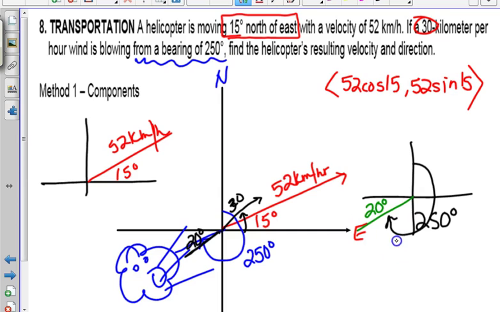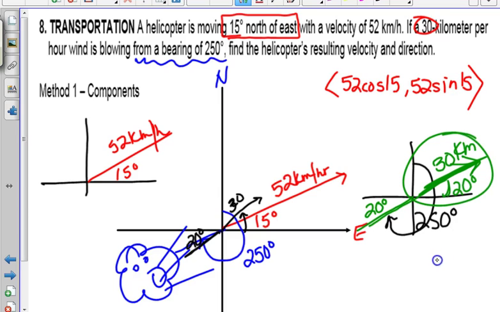Are you with me? Which means if the wind is blowing from that direction, this is the actual wind vector over here. And it's 30 kilometers long. And the angle in here is what? Vertical angles, 20 degrees, right?